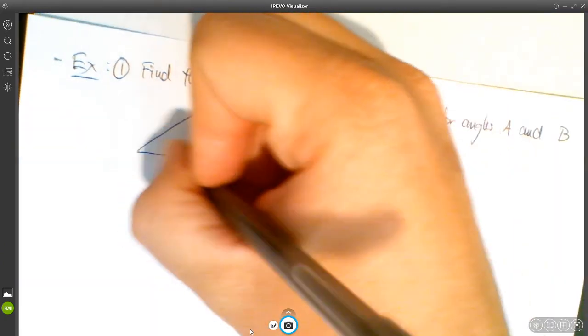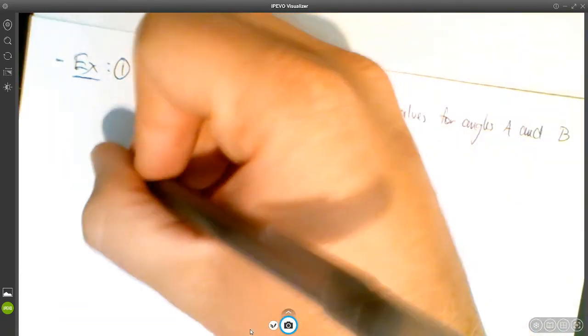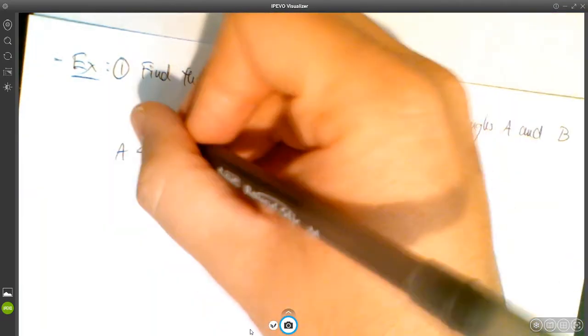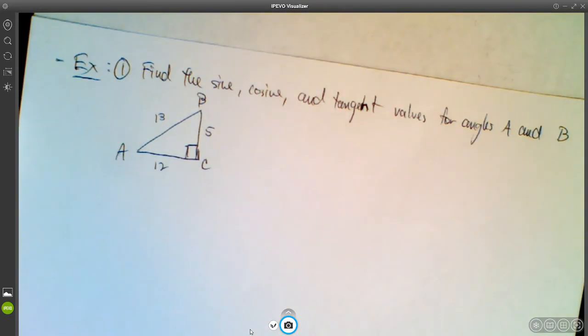So let's say we have this right triangle, ABC, and let's say that this side is 13, this side is 12, and this side is 5. Obviously, the figure is not drawn to scale. But give the video a pause and see if you can find the sine, cosine, and tangent values for angles A and B.